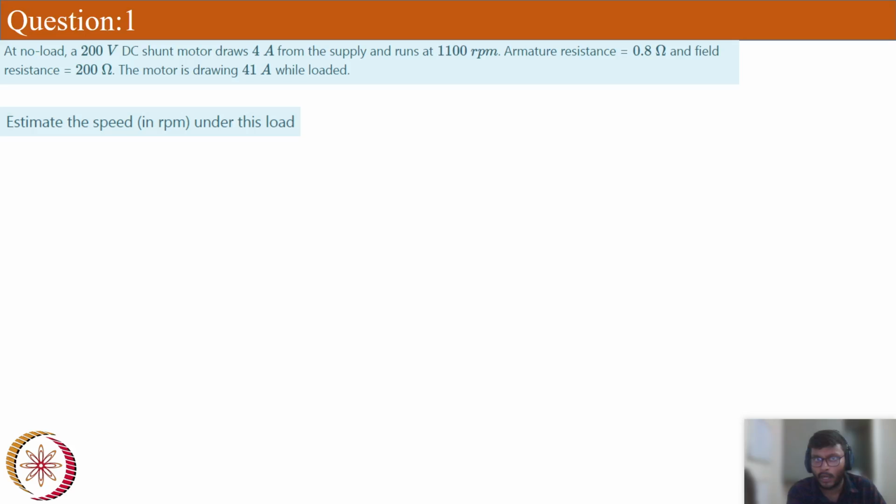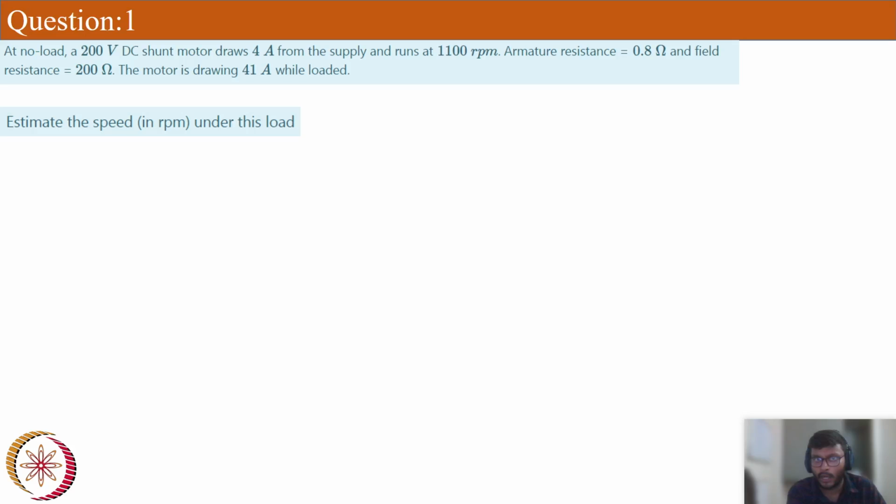Sir, the DC shunt motor is also known as a constant flux motor. I cannot say that. Why should it be a constant flux motor? Whether it's constant flux or not depends on the field current.